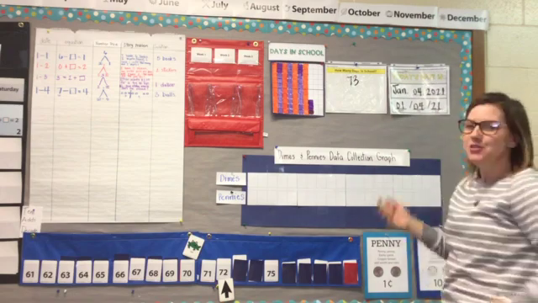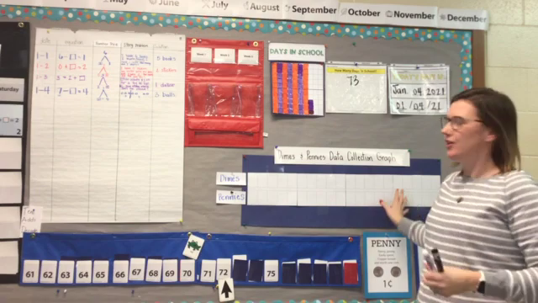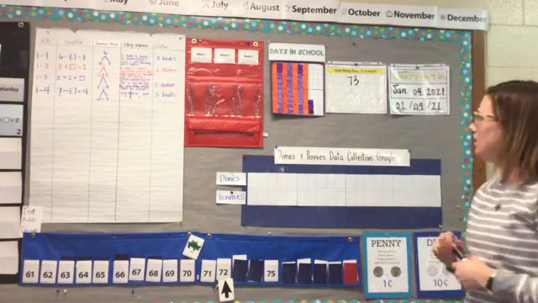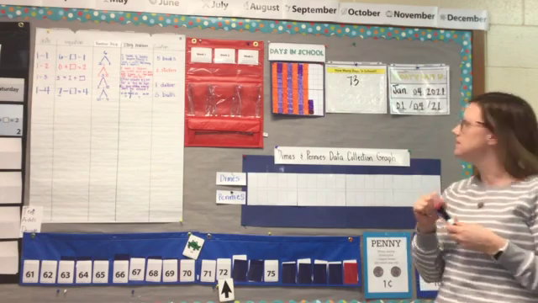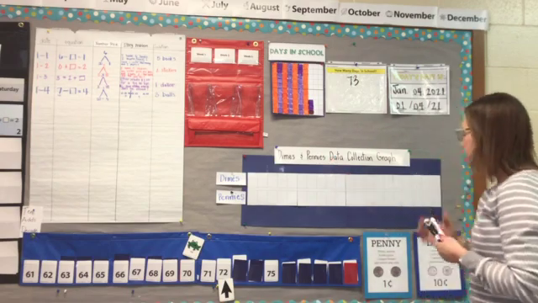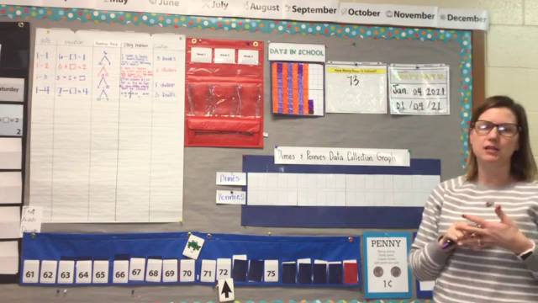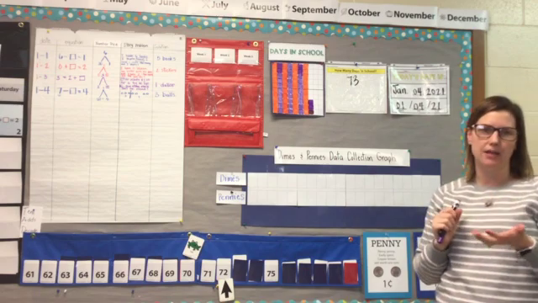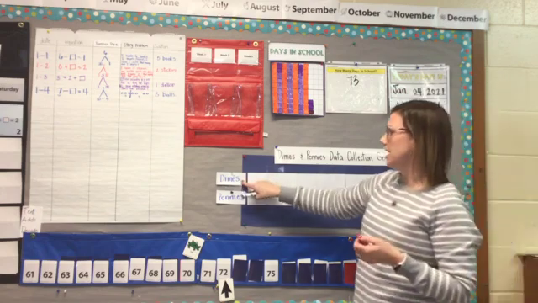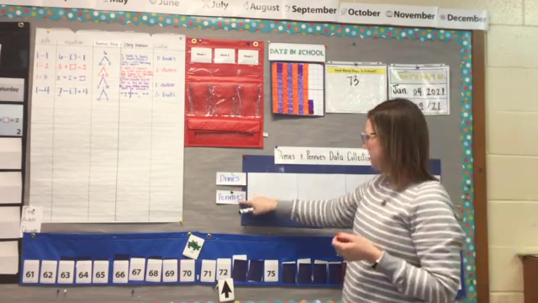All right. So our calendar collector this month of January, we are going to collect dimes and pennies and then graph them on this chart, okay? So you might remember that we did a little bit of something like this back in September. We're going to concentrate on dimes and pennies.